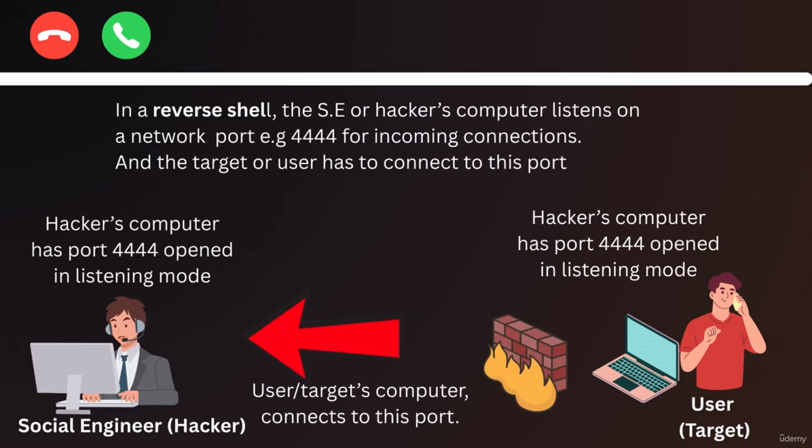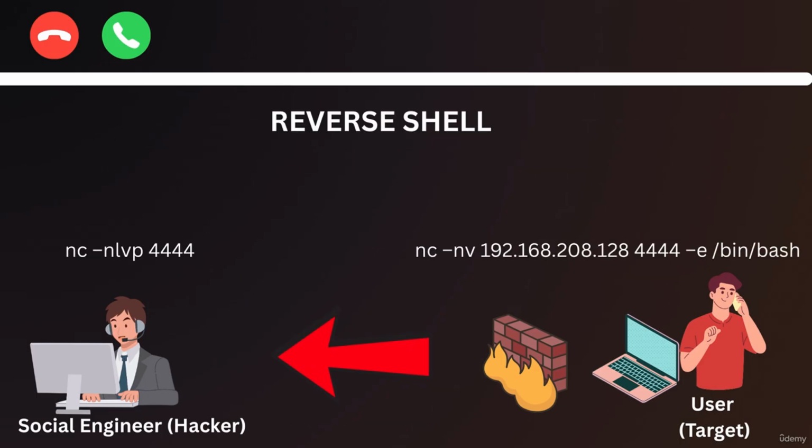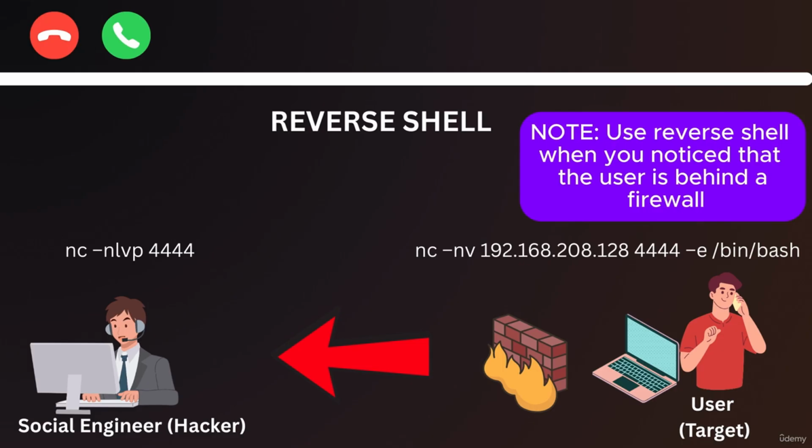Now, in a reverse shell, the social engineer or hacker's computer listens on a network port, e.g., port 444, for incoming connections, and the target user has to connect to this port. So in a reverse shell, the social engineer's computer serves as the listener while the target user connects to the hacker's machine.